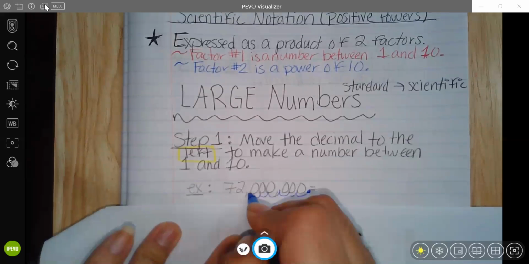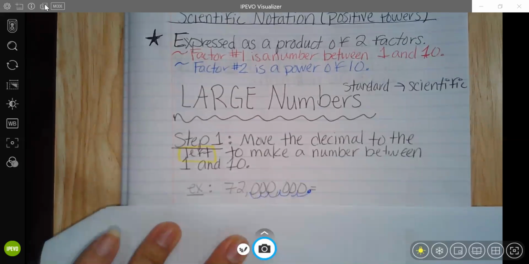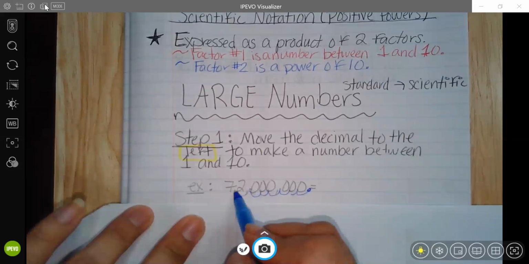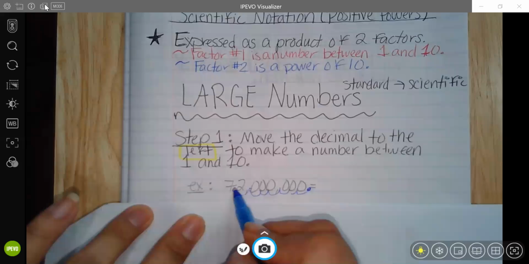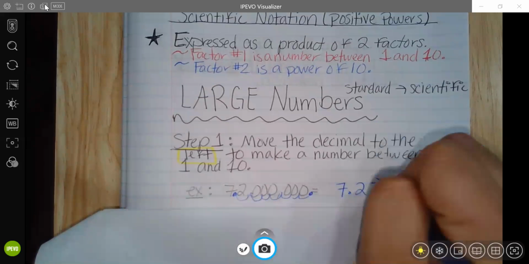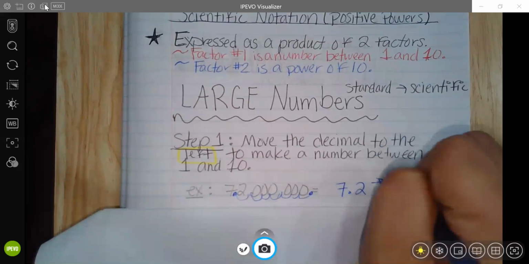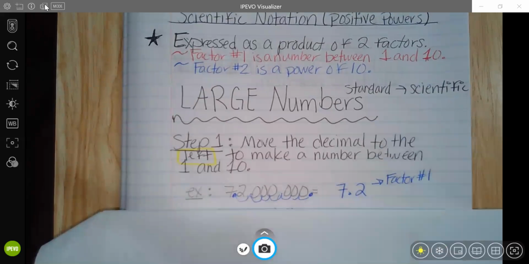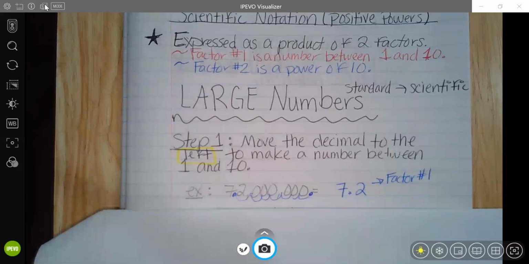If I have it there, that's 72, which is still too big. So I'm going to go in between 7 and 2. So I know 7.2 is going to be factor number 1, because we moved it enough so that the first factor is between 1 and 10. Very similar to yesterday. Any questions on how I got there?